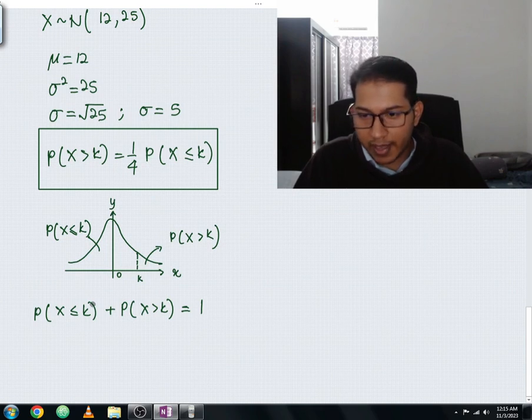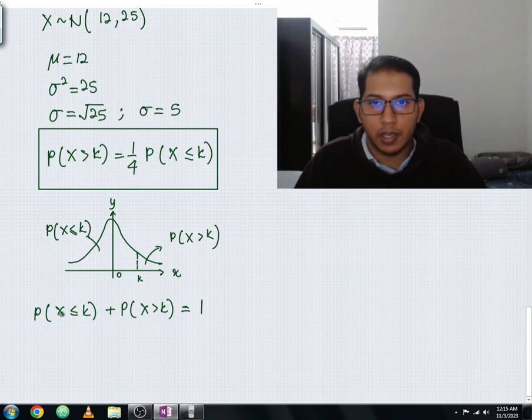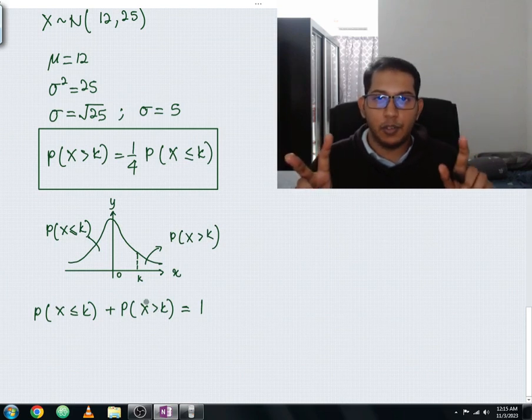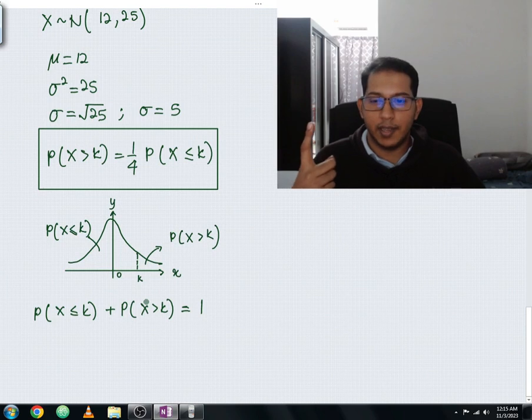So to express probability x less than or equal to k, you need to multiply 4 with probability x more than k, so that you can substitute over here. Basically, you treat this as two variables.